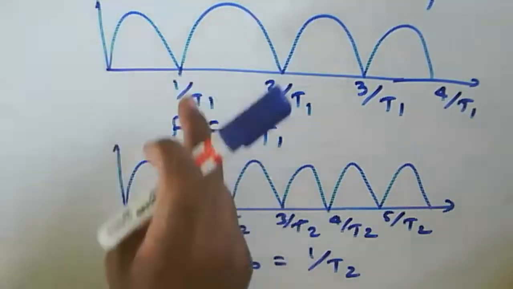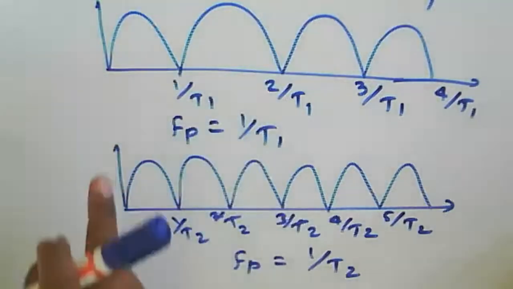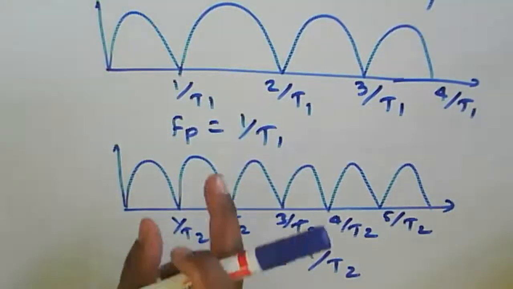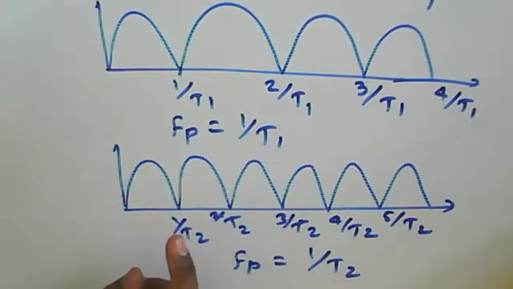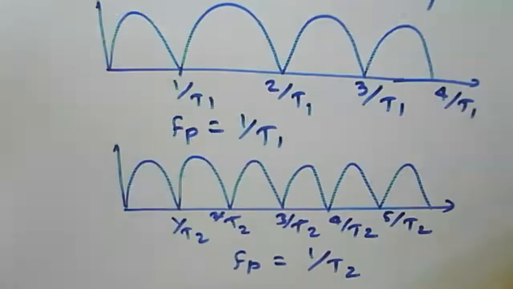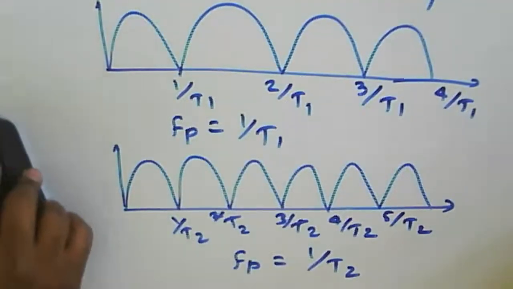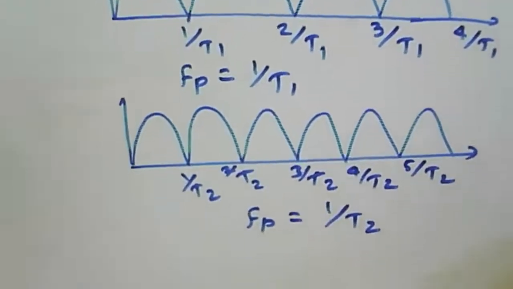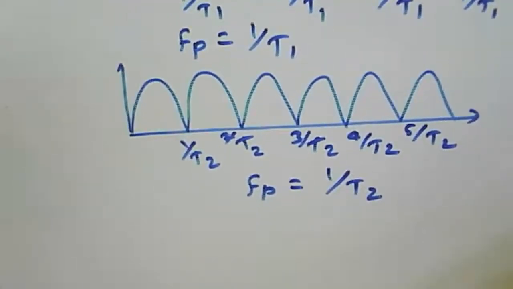Now if you combine both T1 and T2, what will be the composite response of T1 and T2? In this case, we consider that T1 and T2 are combined. So what will happen here?